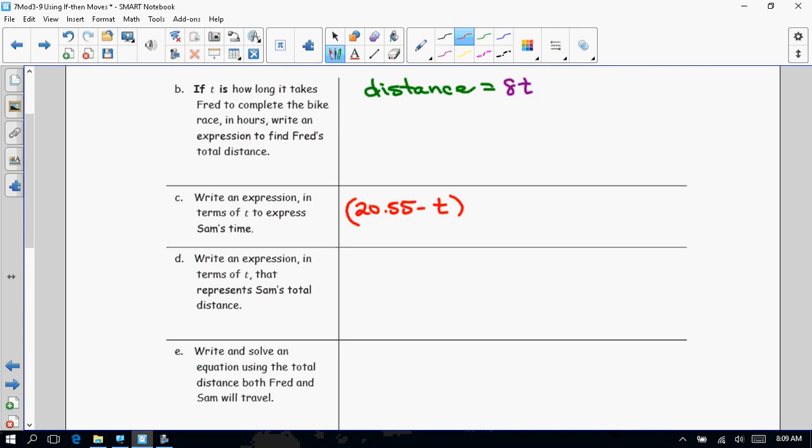So what is Sam's distance? The distance for Sam is equal to 4 times 20.55 minus t. Then part E, write and solve an equation using the total distance of both.